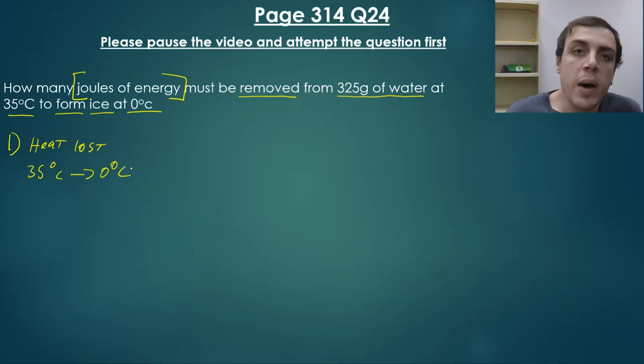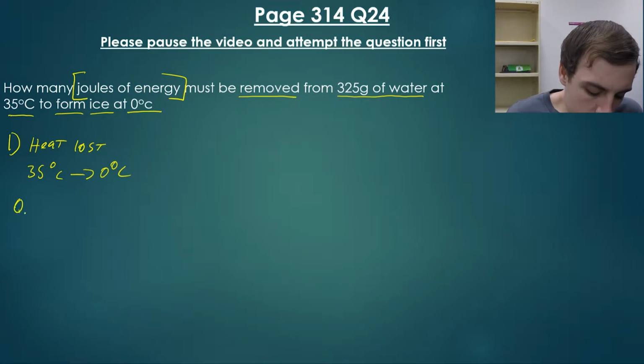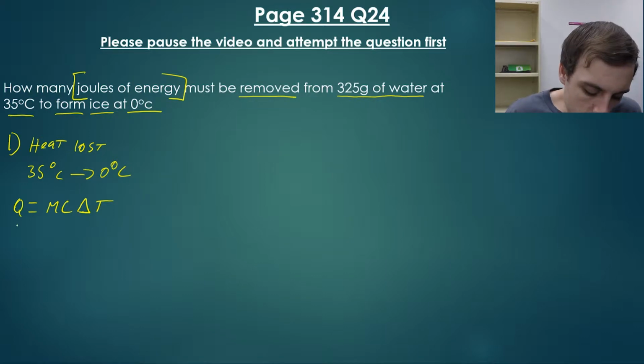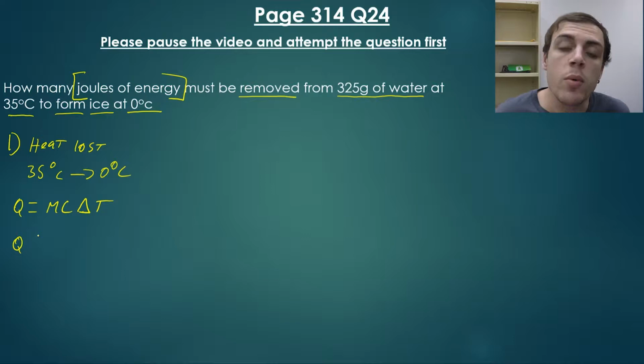We do this by using our specific heat formula: Q = mcΔT. Q we don't know, because that's what we want to find out: how much heat is being moved.